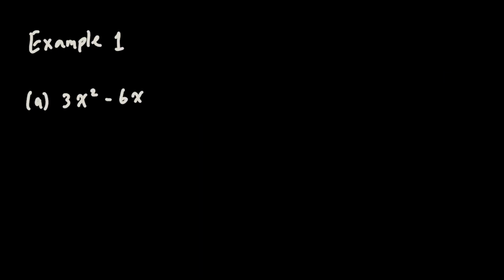Let's see an example. Example 1 says that we want to factor this expression here. The first thing we have to do is find the common factor. Here we have 3x to the power 2, and that would equal 3 multiplied by x to the power 2.